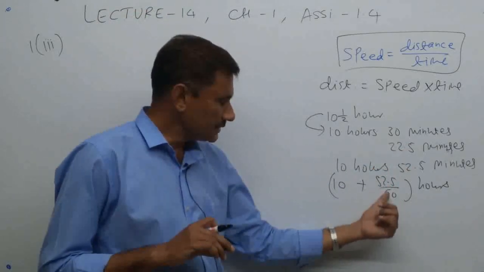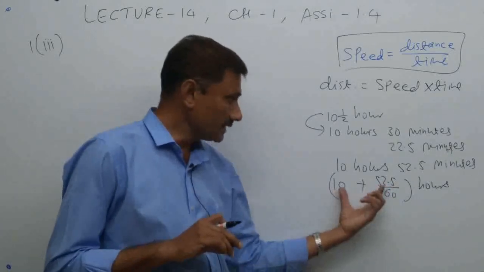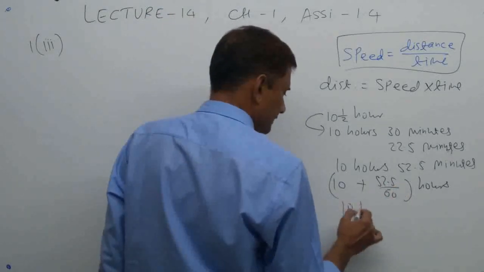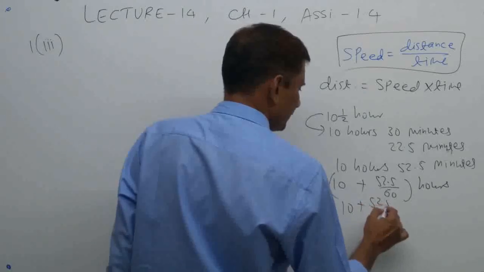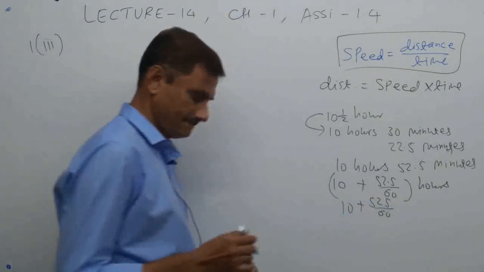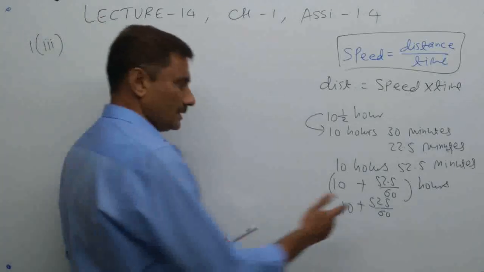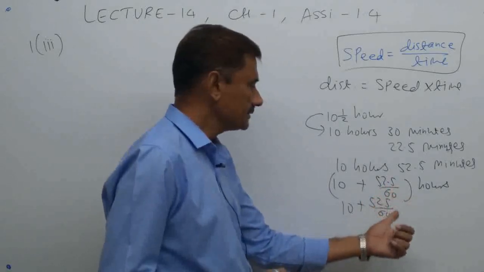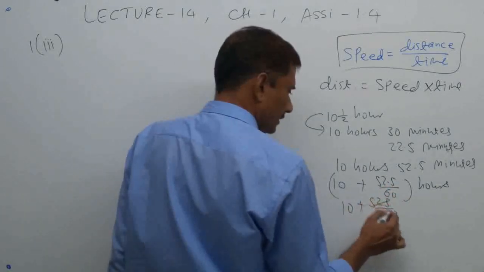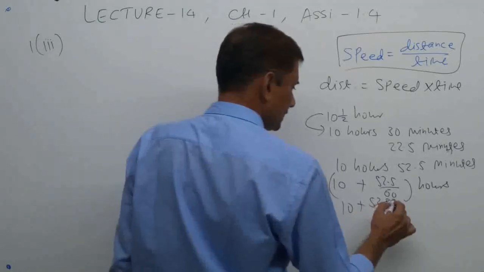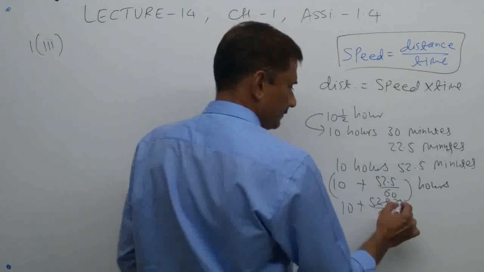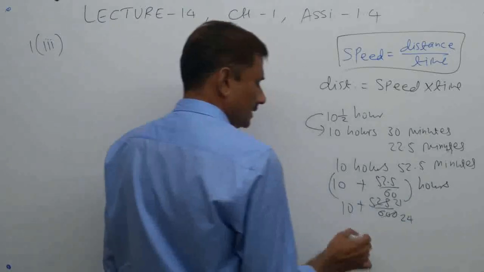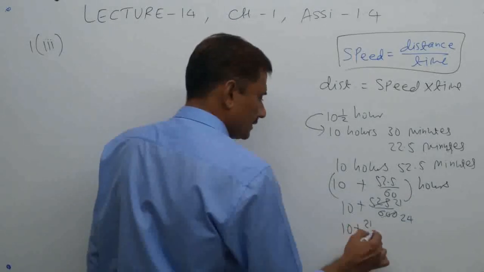Then I convert it into hours so that we can add, and the total hours will be there. So again it will be 10 plus 525 by 600. Why? Because I make it 10 times also, so that now I can cut them by 25. So it is 25 to the 50, 2 left, 1. Here 25 to the 50, 10 left, so 25 4s. So it will be 10 plus 21 by 24.